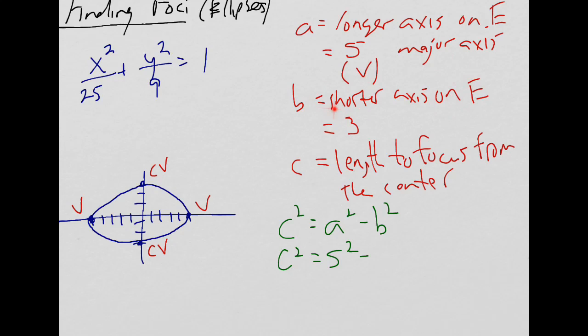The shorter axis length, which is 3, comes from the root of this number, so B is 3. That gives me that C squared is equal to 25 minus 9, so C squared is equal to 16. Root both sides, I get C is equal to 4.